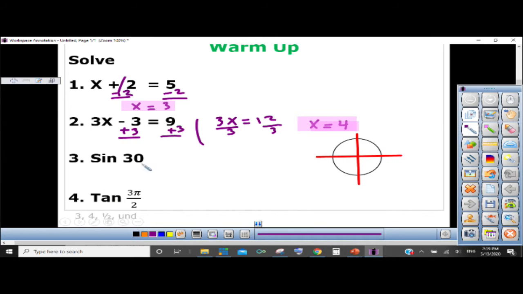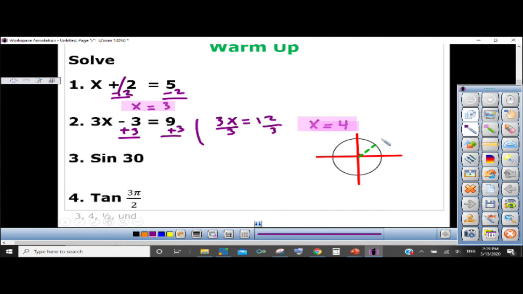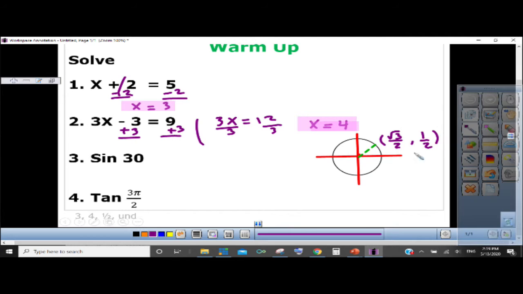So sine 30, what angle has sine 30? I'm here with sine 30. So I know that this point has square root 3 over 2, comma 1/2, and we said every cosine is the x.